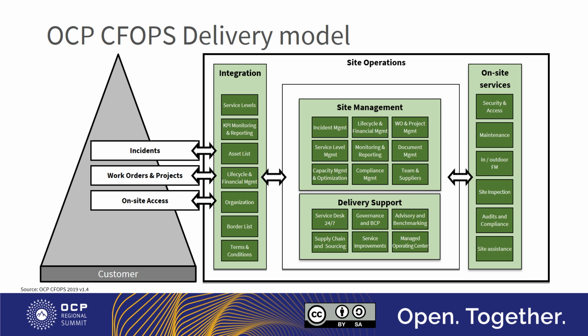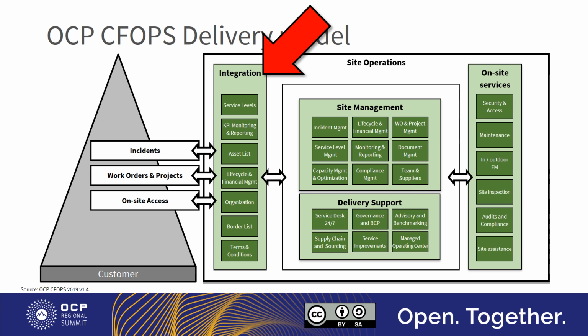The minimum three processes that are integrated would be the incidents, work orders and projects, and on-site access. There might be other processes as well, or usually there are other processes, but these three are always integrated. And as you can see in the left-hand column of the site operations, you have the integration aspects to consider. And these are the ones that we will look at in more detail in this presentation.